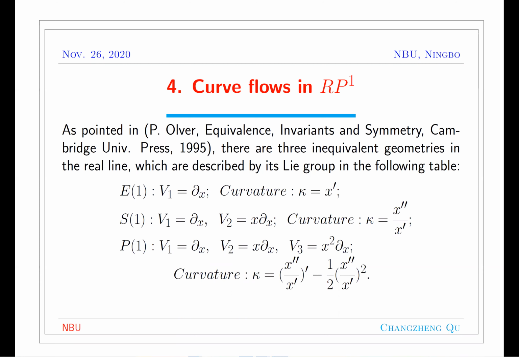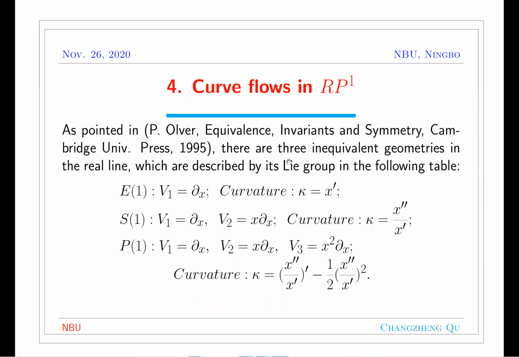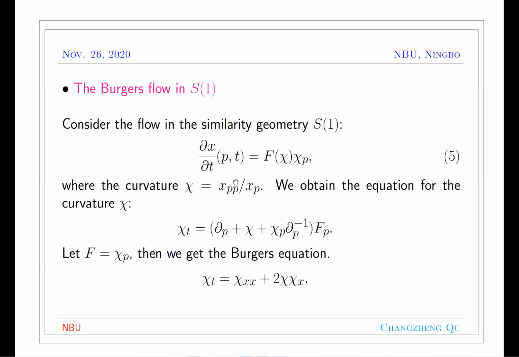We study the flows in the last two cases. The second case is also called the affine geometry in some books; in practice, it should be the similarity geometry. So the first case is for the similarity case. We consider the flow given by this one, in one dimension, where F is any invariant of the curvature.